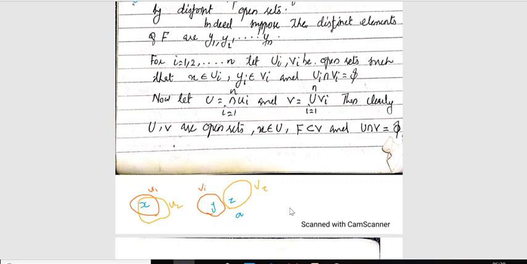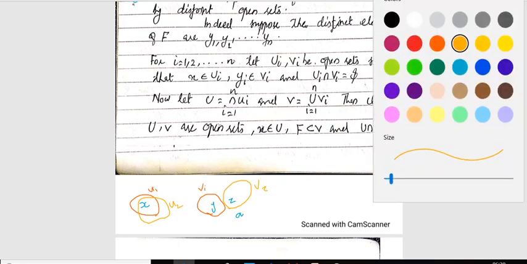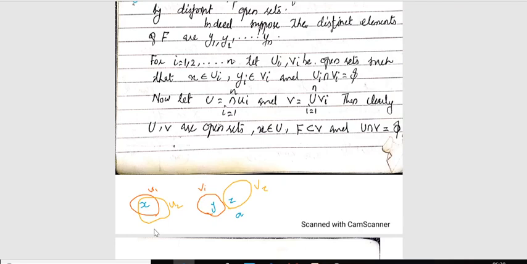Now we have x and a, again two separate elements, so we can go for another open set containing x, which is my open set U3, and another open set containing a, which is my V3.